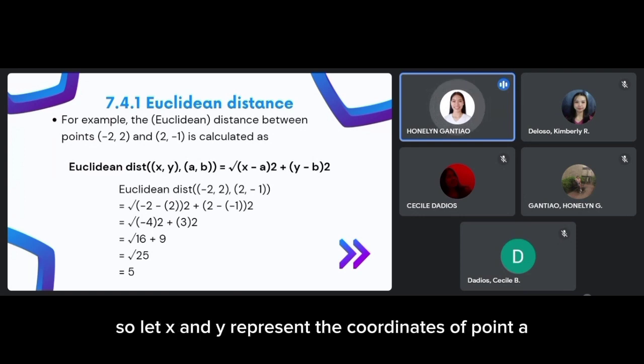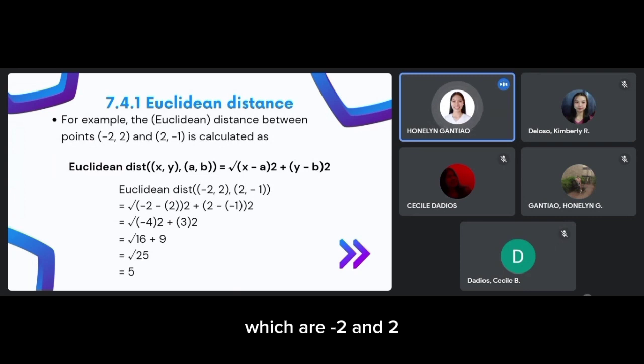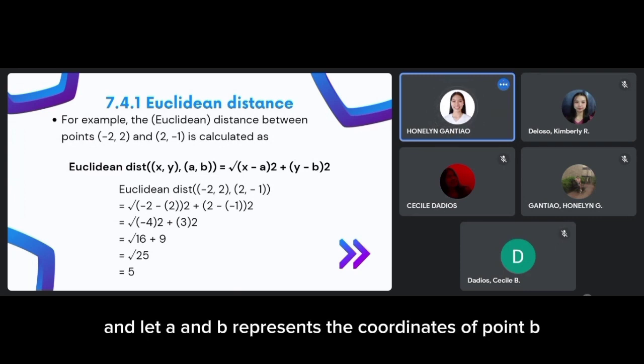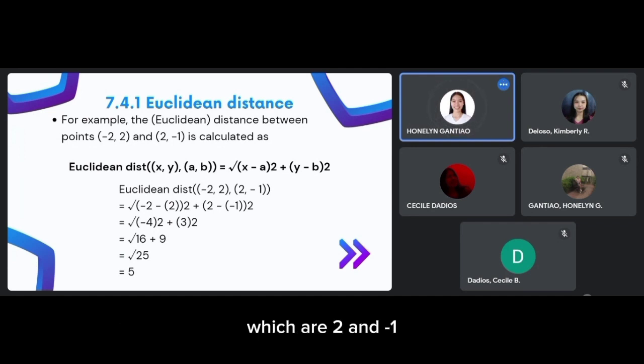Let x and y represent the coordinates of point A, which are -2 and 2, and let a and b represent the coordinates of point B, which are 2 and -1.